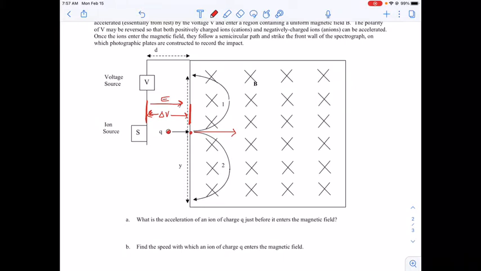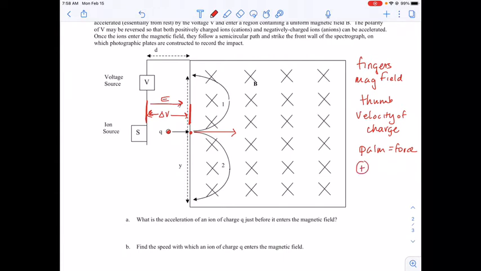My fingers are going to point down into the page, and my thumb, so my fingers are the magnetic field, my thumb is the direction of the velocity of the charge, and my palm tells me the direction of the force.